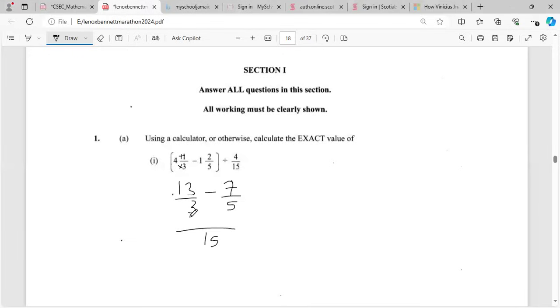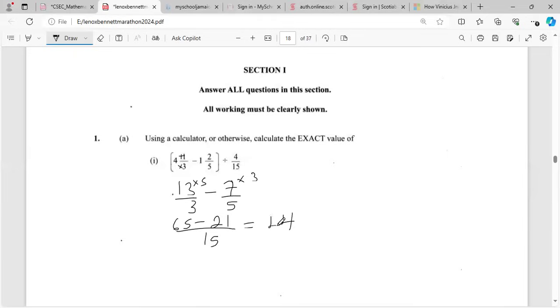So that will be 15. 3 into 15, that's 5 times. So you multiply 5 times 13, which is 65. Minus 5 into 15, that's 3 times. 3 times 7, 21. And then we subtract. So that gives you 4. 2 from 6, 4.